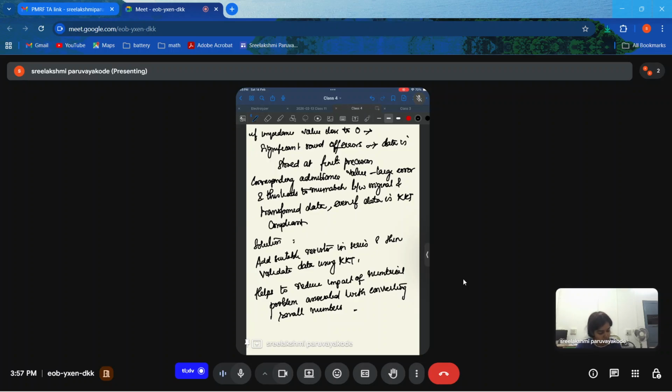Now we have another alternate method also. This is the first one. The alternate method is that instead of adding a small resistor in series, we can add it in parallel to the impedance data.